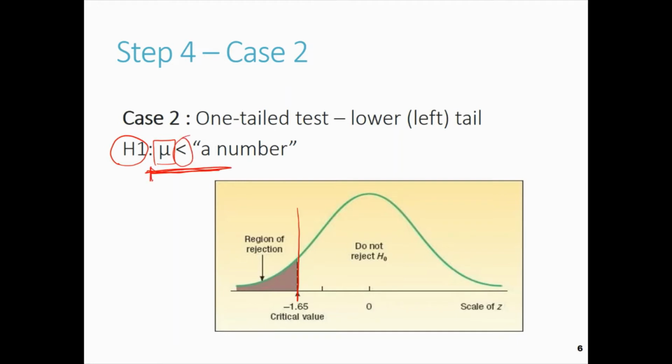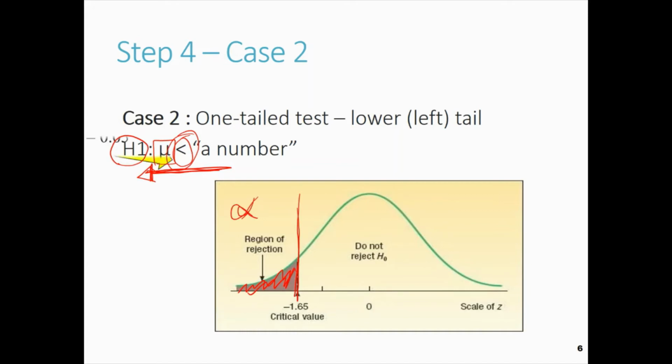See where it's pointing? It's pointing towards the left. Once again, you're looking at an area on the lower region if you're doing less than, and the region of your tail will be your alpha area. The alpha area is the level of significance.